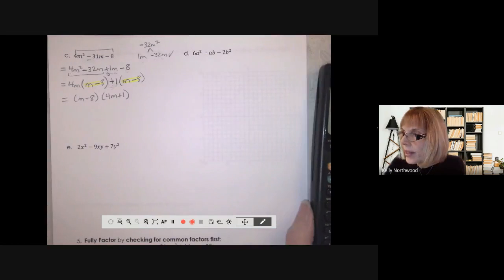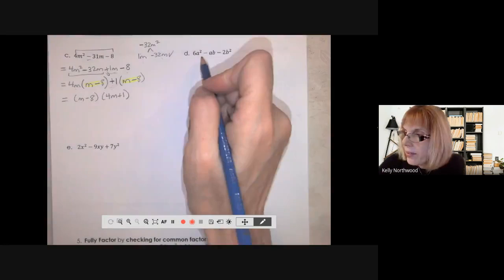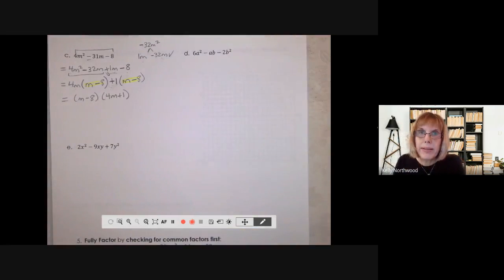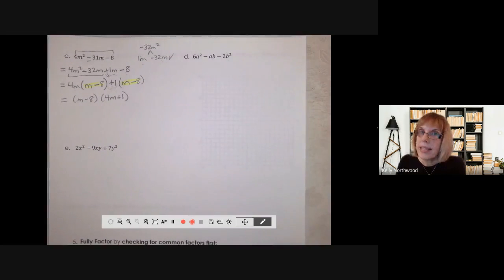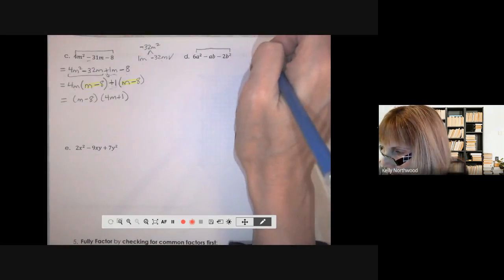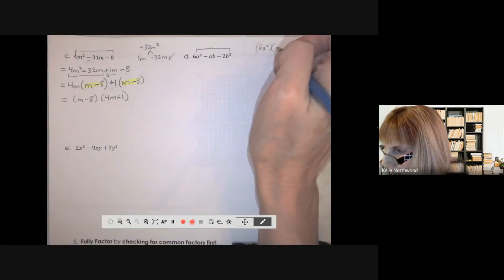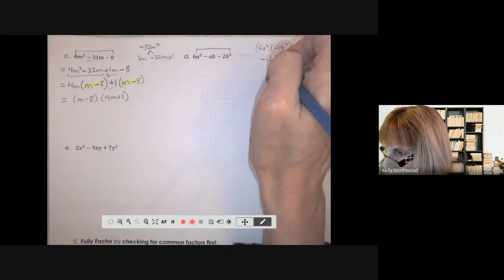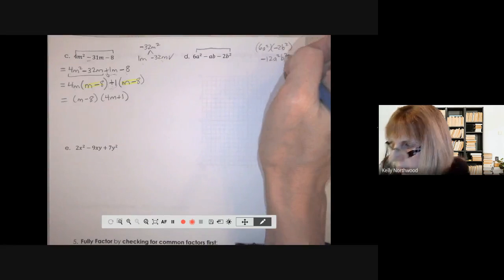Okay. All right, now we have ones that have the ab and the b squared. Same thing, we still multiply the first and the last. So 6a squared times negative 2b squared is negative 12a squared b squared.